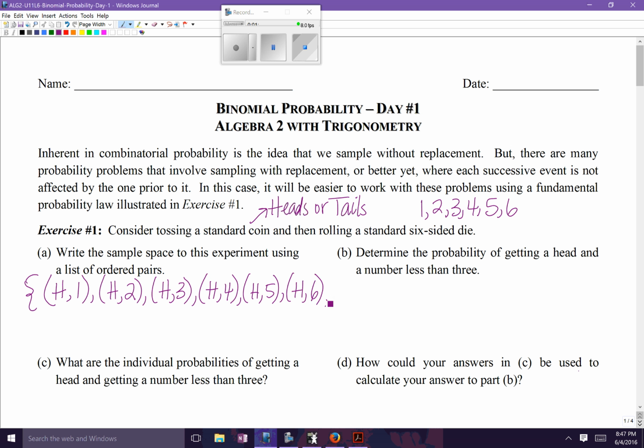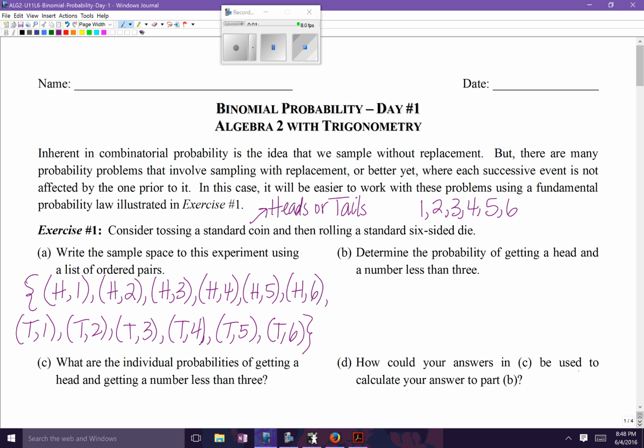Those are all the possible outcomes I could get if I flipped a head first. Now we move on to the tails. Okay, so if you count up here, there are 12 possible outcomes.